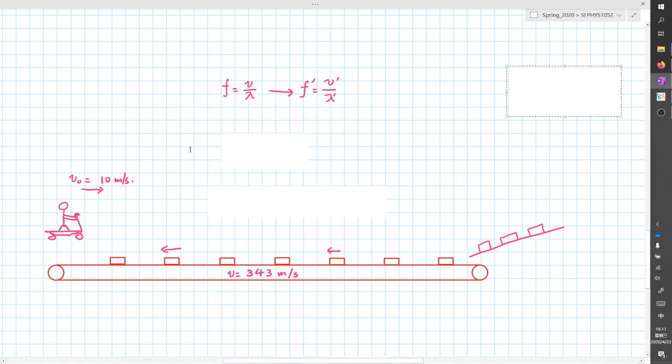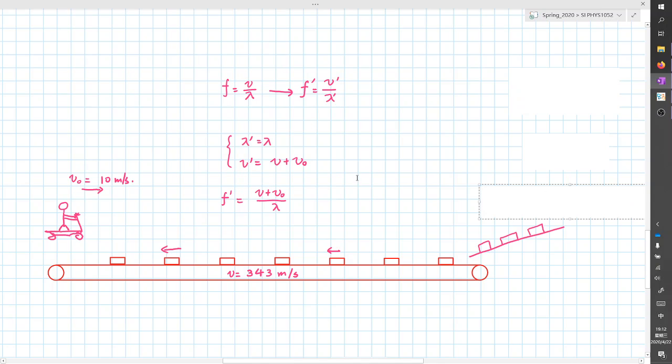So we plug lambda prime into the denominator and v prime into the numerator, giving us f prime equals v plus v observer over lambda.